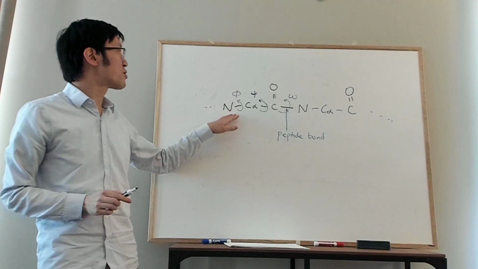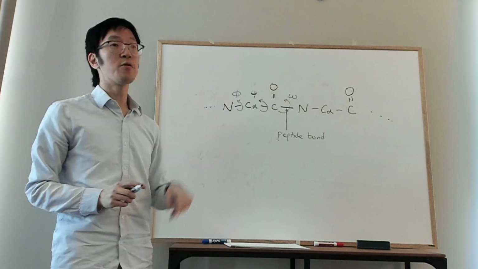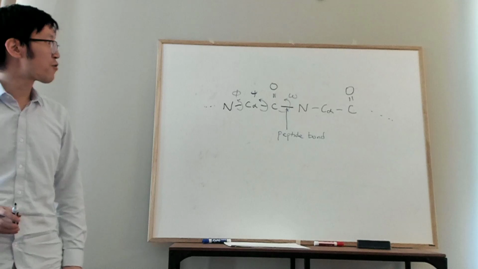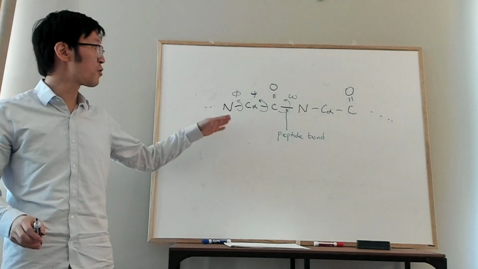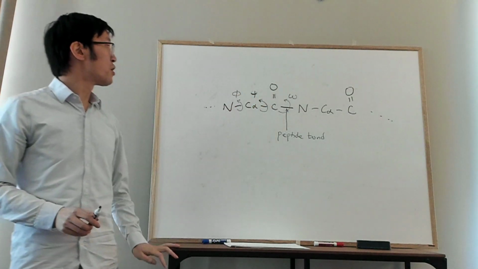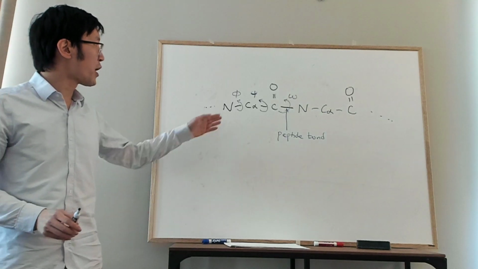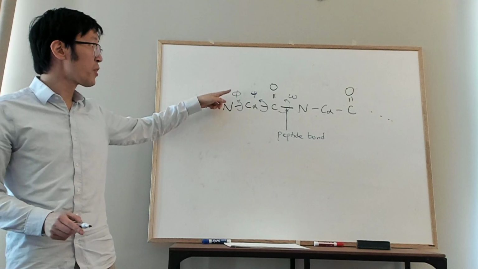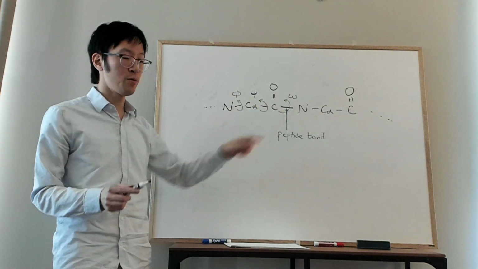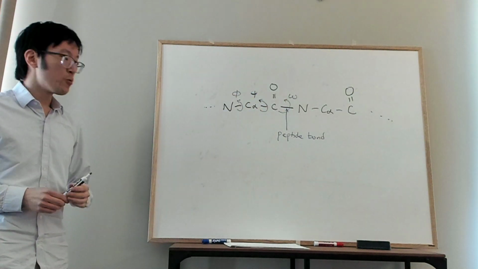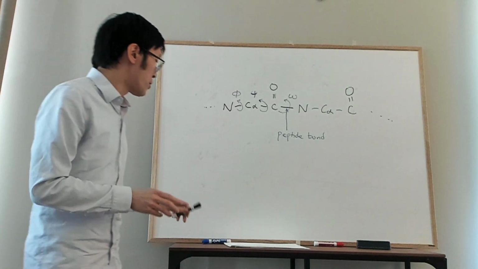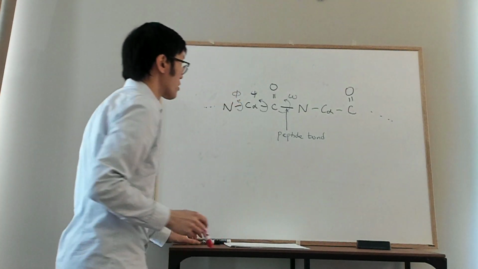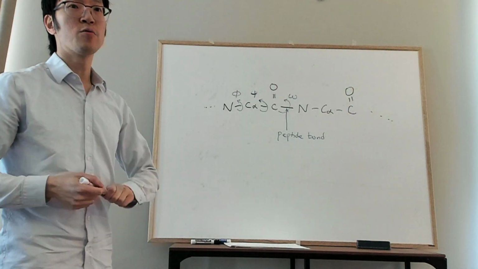Each amino acid has these three angles, and so we want to look at possible conformations, or possible positions, of these backbone atoms. We would want to sample values for these three backbone angles. What makes each of the 20 amino acids distinct from each other is what we call the side chain.